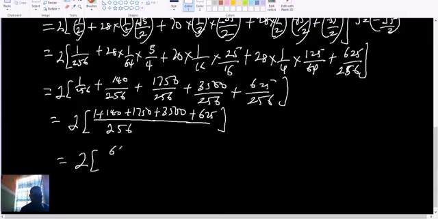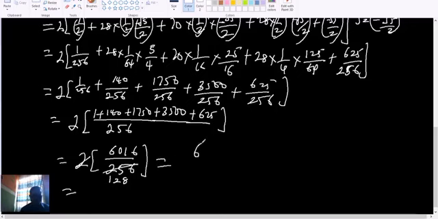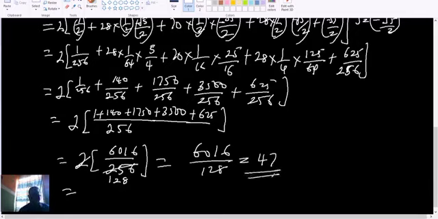So you will have 6016 over 256. So this divided by this, that's 128. So this one is going to give you 6 divided by 128. So if you divide this one by 128 divided by 128, your answer is going to be 47. So that is your answer.